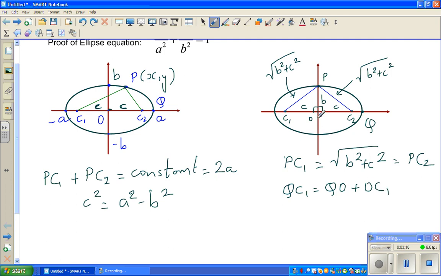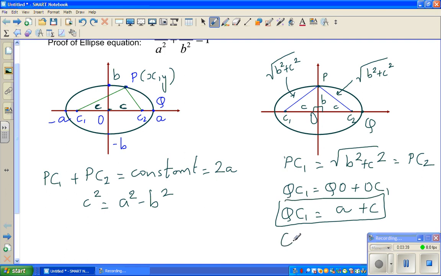This is O, let me make that bigger. This is Q, and QC1 is QO plus OC1. Now QO is nothing but A, and OC1 is nothing but C. So QC1 is A plus C.